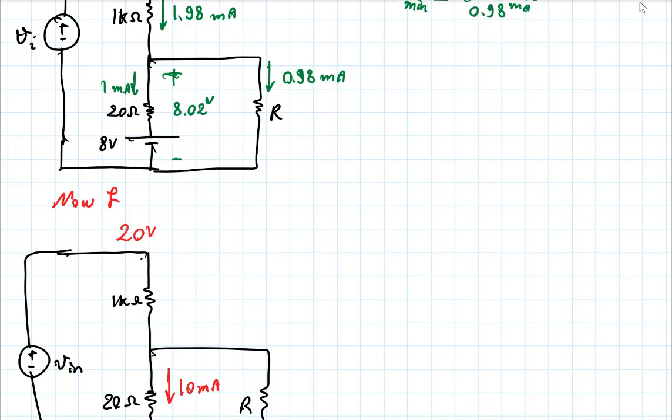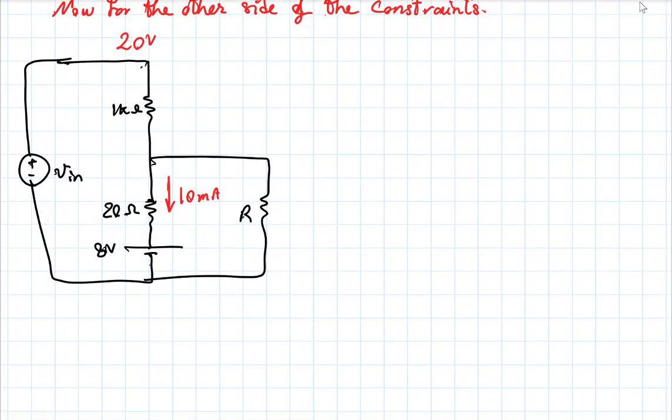Now for the other side of the limit. At that point, what is the voltage here? The voltage drop there would be 8.2 volts, right?